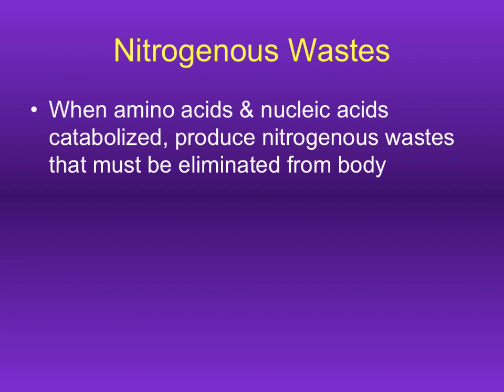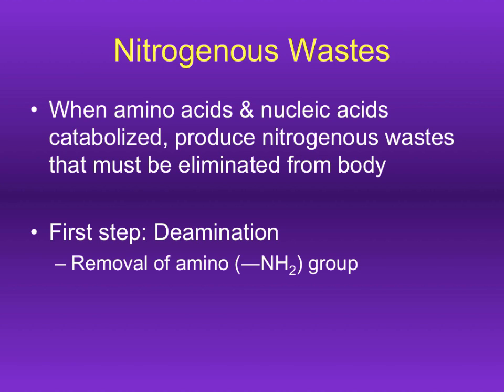We talked a little bit previously about what happens when you break down certain kinds of products. If you break down proteins, for example, if you break down nucleic acids, for example, you get these various byproducts, nitrogenous byproducts, like ammonia. Right? Ammonia is really toxic. So what happens here is when you take an amino acid, like one of the components of protein, take an amino acid, break it down, you have to take the amino group off of the amino acid first.